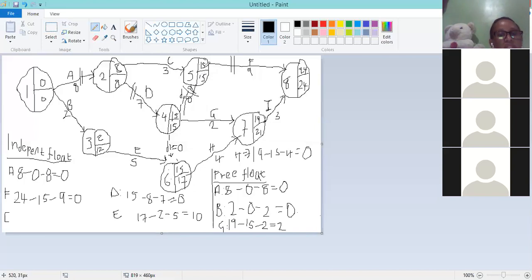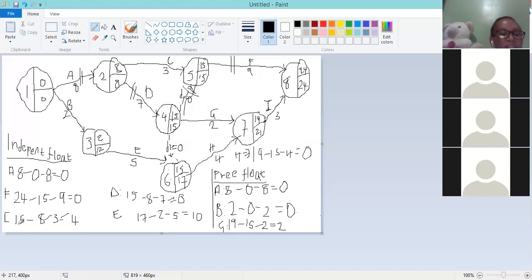If it's not, again, it's okay. So we have 15, the earliest event time of number 5. We subtract this 8 down here, the latest event time of number 2, and then I'll also subtract the duration of the activity we are considering. So we have 15, minus 8, and then minus 3, giving us a value of 4 months.